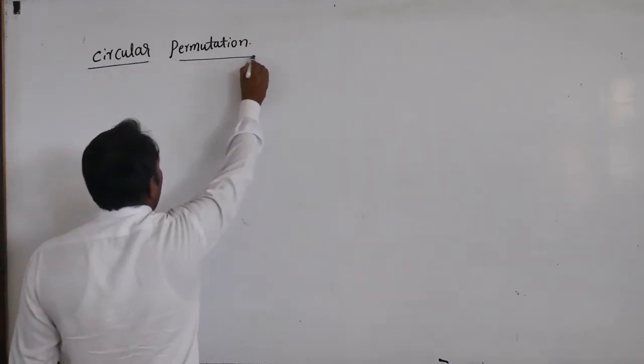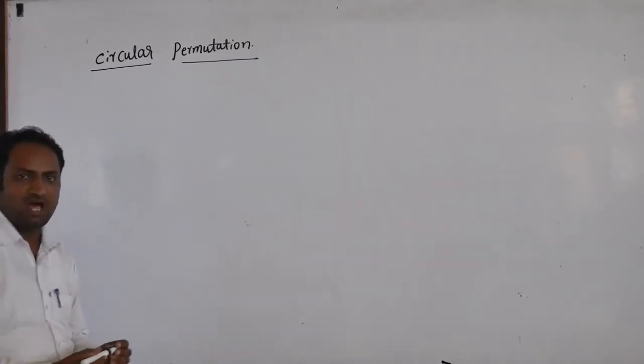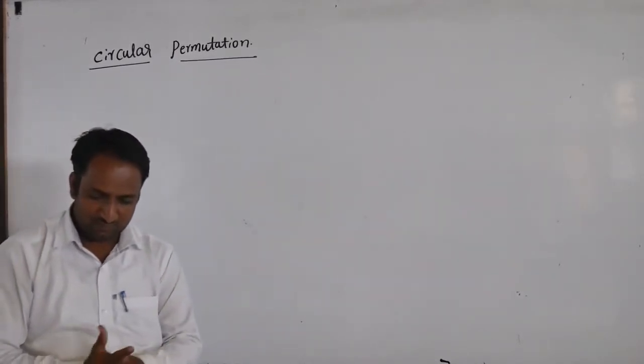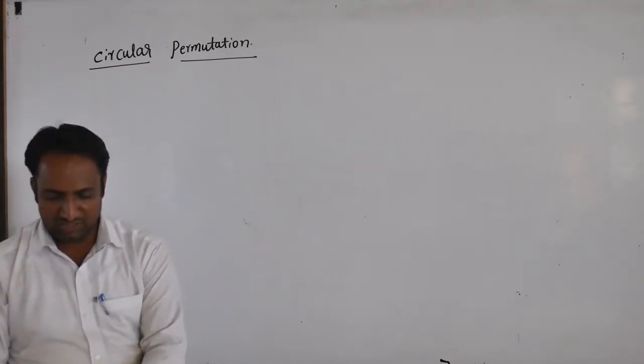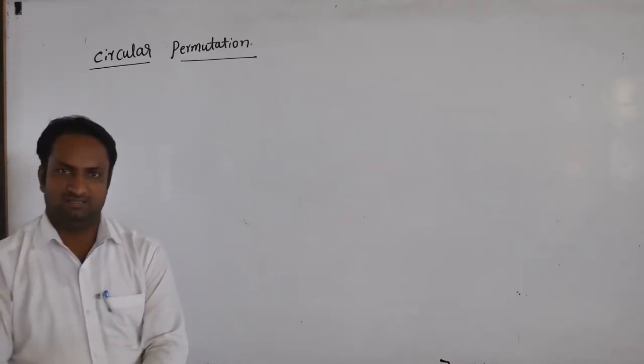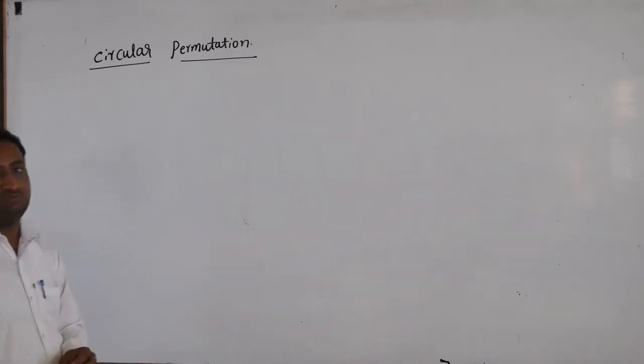Permutation is an arrangement, the arrangement of numbers or things or names of students or persons. They can be arranged in a circular path. How do we get a circular path arrangement?